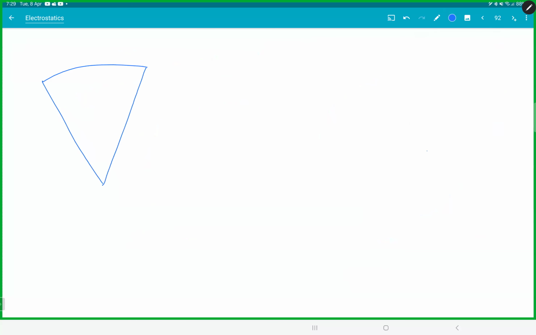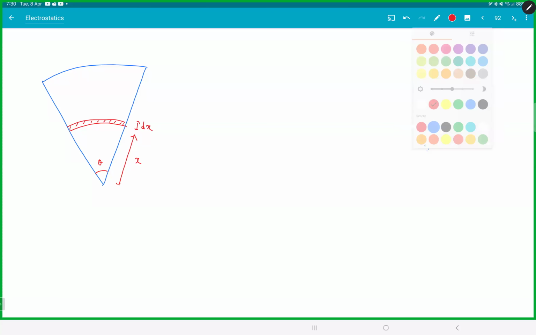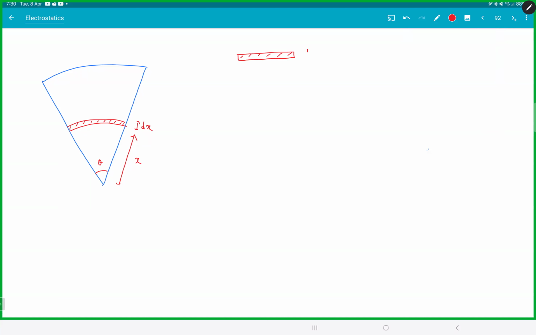So at a distance x from here, take a thin sector, a thin ring, arc basically. Now see all these points are equidistant from here, and let this distance be dx. So this small arc, if you just make it a straight line, it kind of looks like a rod, where this is dx and this is x theta.